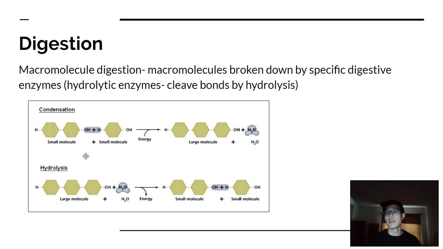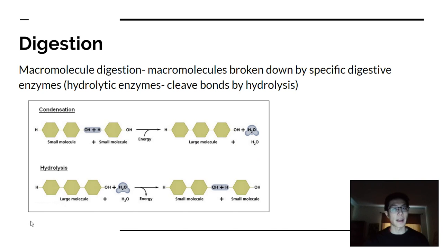Now, in terms of digestion as a whole, what we're talking about is this concept of breakdown, so hydrolysis. Now, in terms of the macromolecules, we talked about in the past lectures that we have to use condensation reactions to build them up. Through condensation reactions, we eventually connect monomeric units to form polymers. So you can think about here maybe like a monosaccharide that's being joined together to make a polysaccharide.